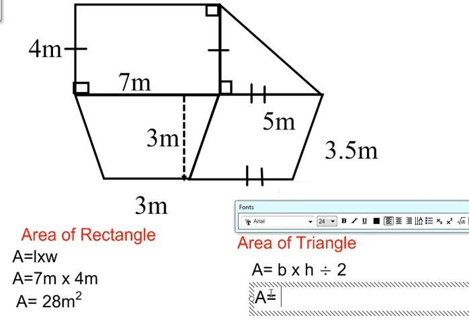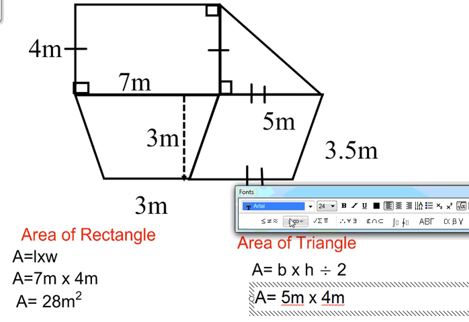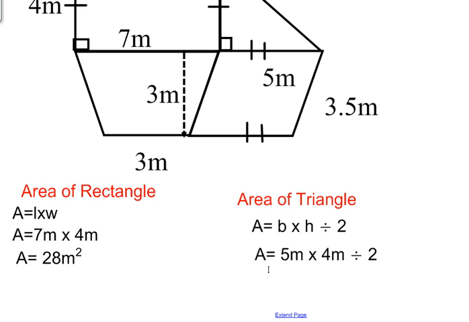Area equals, our base is 5 meters times 4 meters, and then we are dividing by 2. So we have base times height divided by 2. Remember, we always want to keep things nice and lined up.